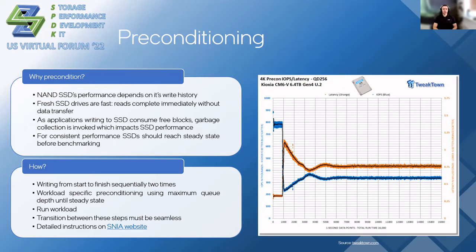And this step can take very long, depending on the SSD's capacity and garbage collection algorithms running in the background. And after that, we're finally ready to run the test workload and collect the performance data. Now, it is important to transition seamlessly between all those three phases.